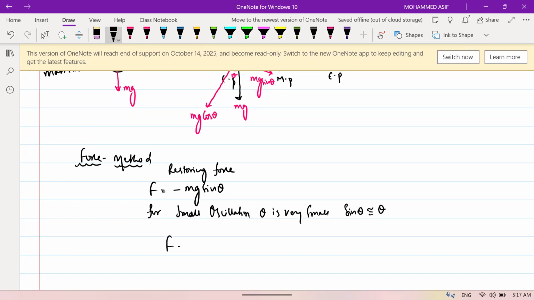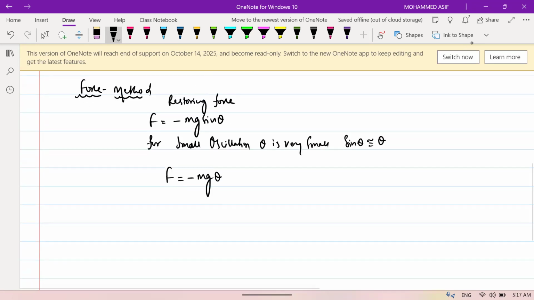So F will be equal to minus mg into theta. Now from Newton's second law, F equals m into a, that is equal to minus mg theta. m and m get cancelled. So acceleration will be equal to minus g into theta. Now compare this one with your SHM, beta.